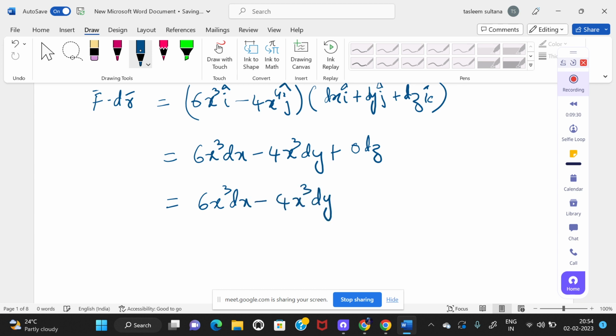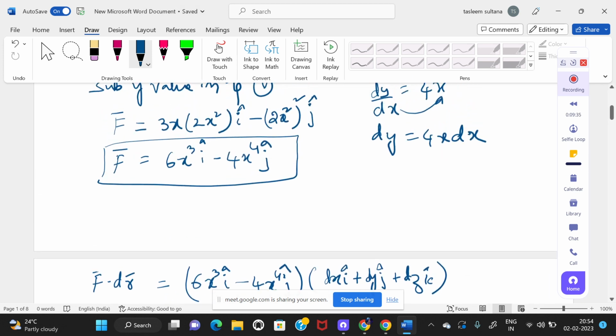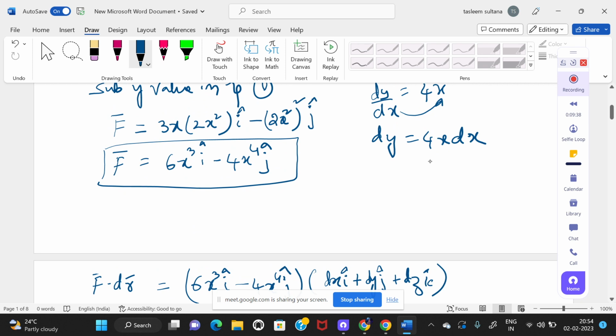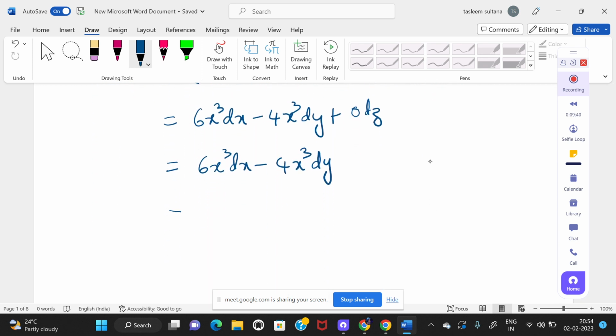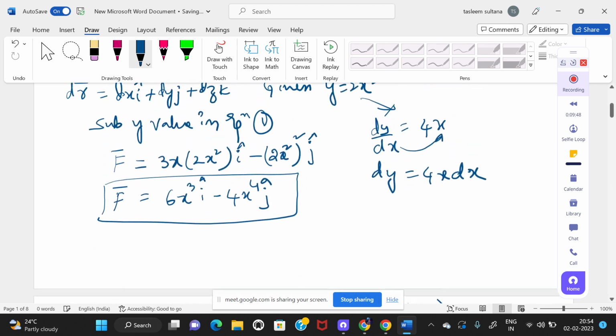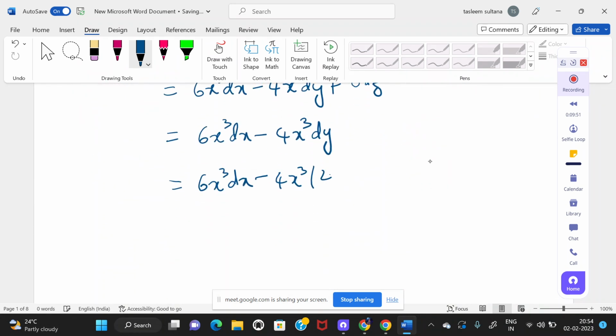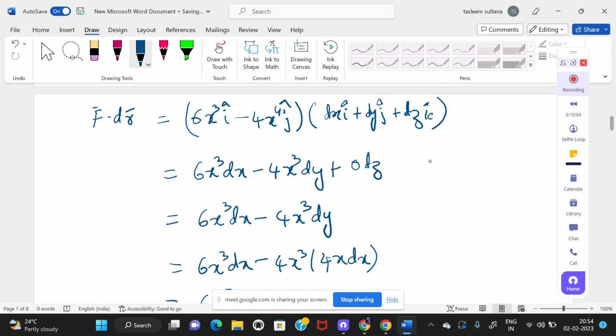Now even dy we can change into dx because it's in one line completely in x. So dy we can replace with 4x into dx, which is equal to 6x cube into dx minus 4x cube into, what I said, dy value is 4x into dx. Which is equal to 6x cube into dx minus 4 into 4, this is power 4.